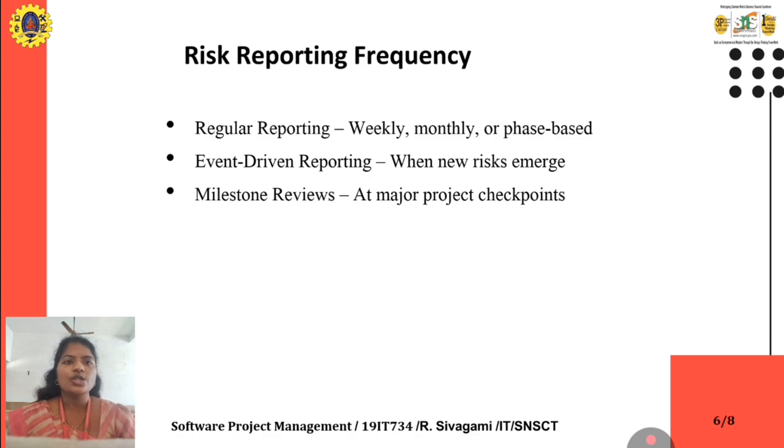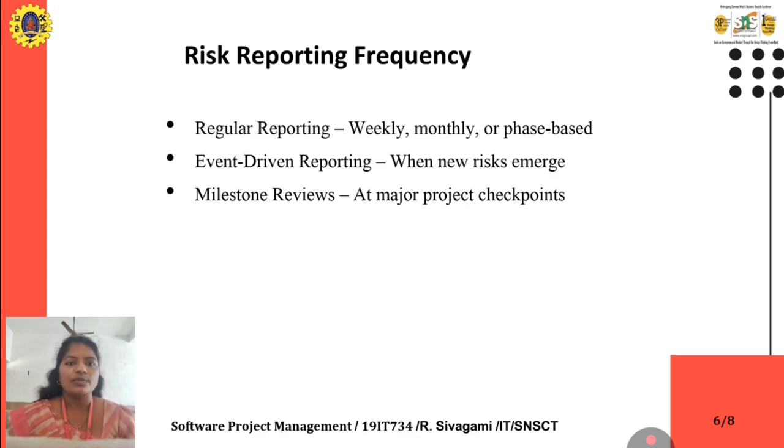And then the next one is the risk reporting frequency. We should monitor our project and risk reporting. We are going to maintain our risk reporting weekly, monthly, or phase based.